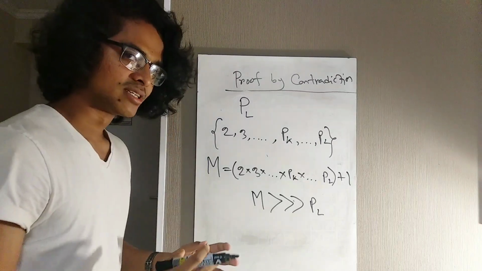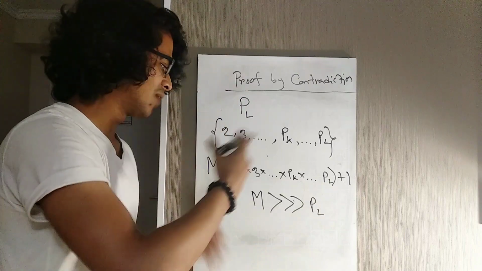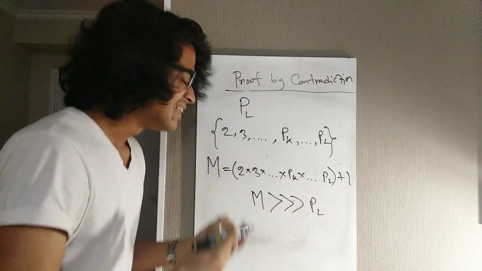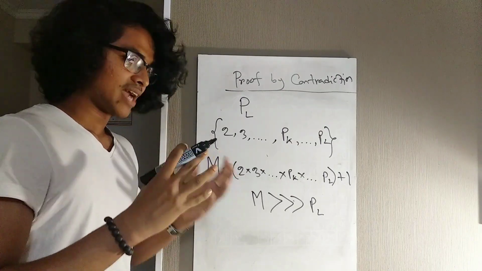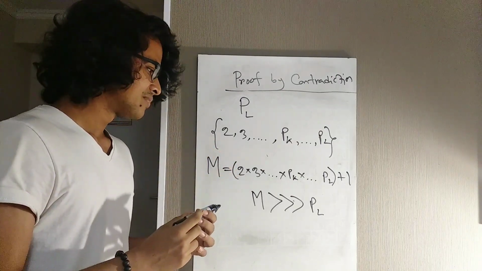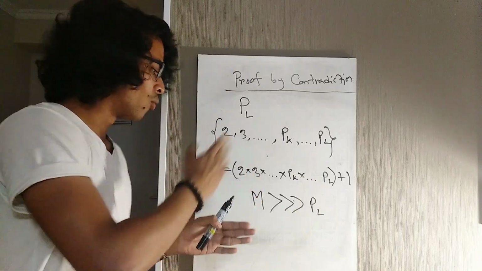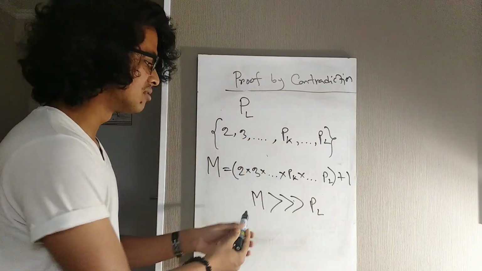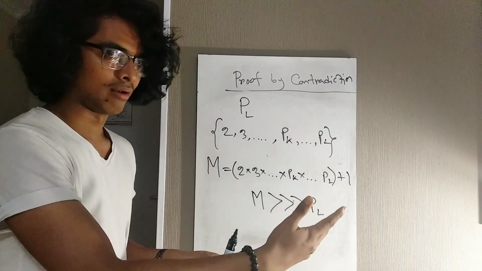If M is composite, well, what is the definition of a composite number? I already explained it earlier. A composite number is a number that is divisible by at least one prime other than 1 and itself. So M has to be divisible by at least one prime other than M itself and other than 1.